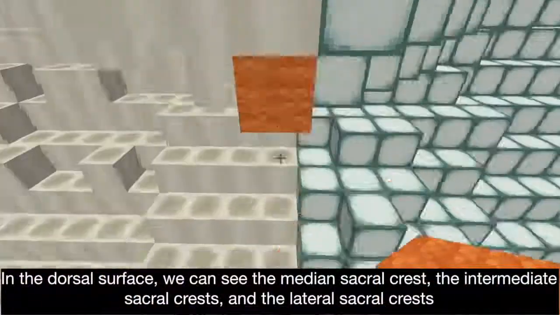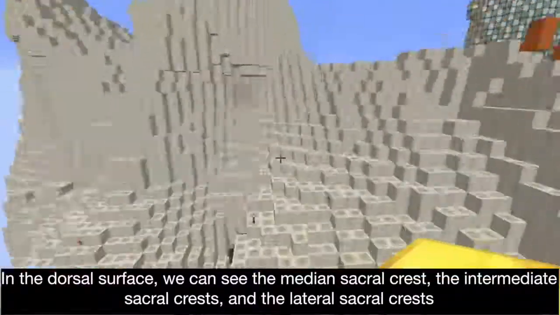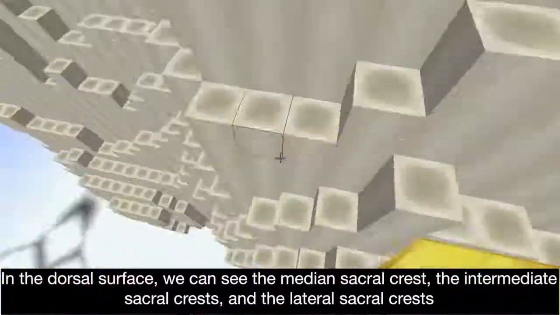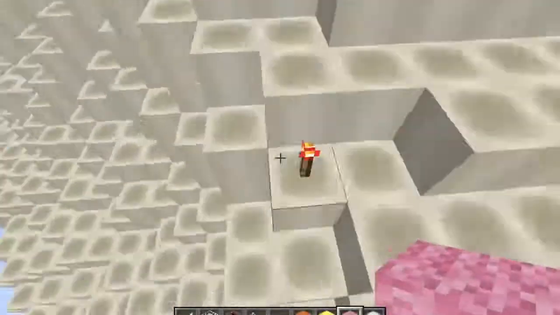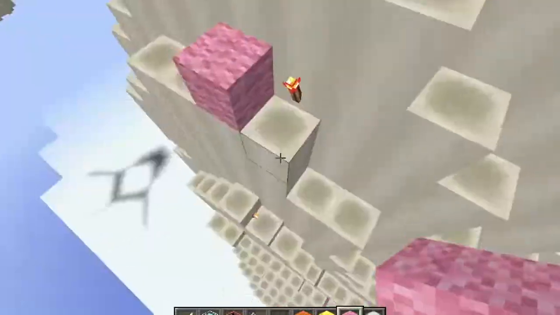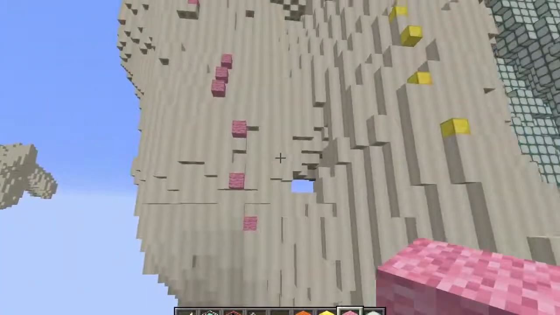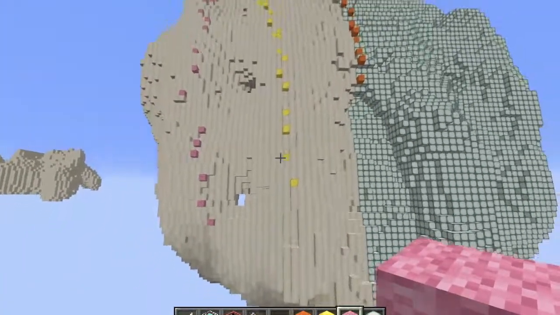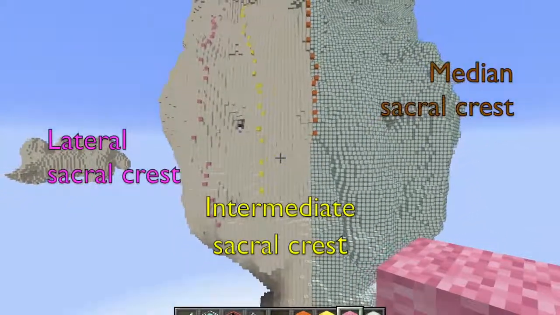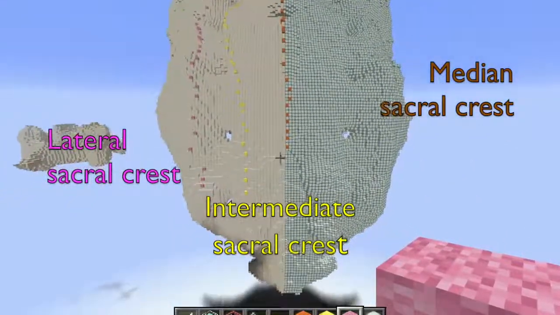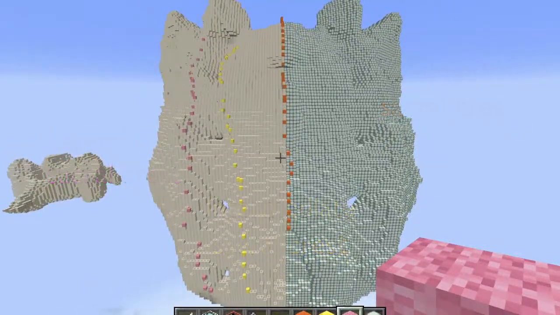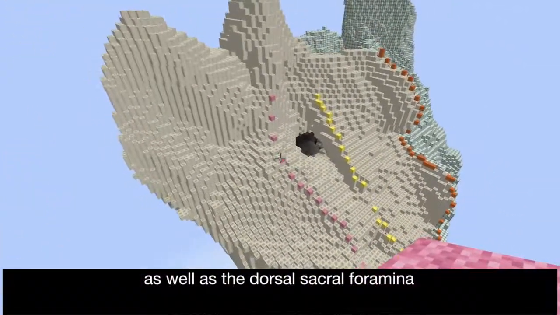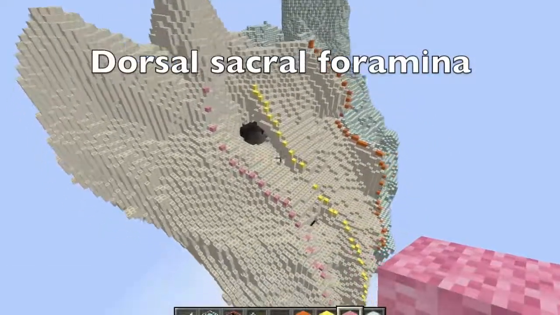In the dorsal surface, we can see the median sacral crest, the intermediate sacral crests, and the lateral sacral crests, as well as the dorsal sacral foramina.